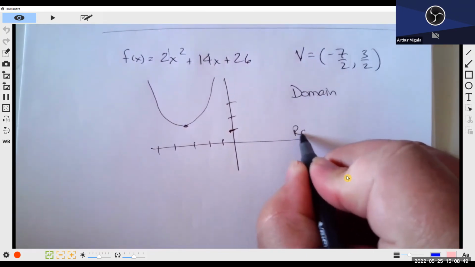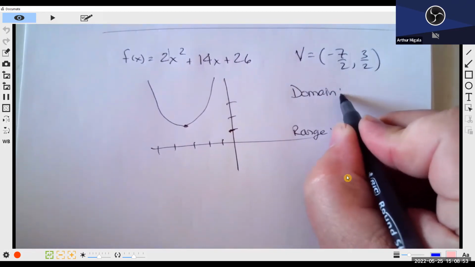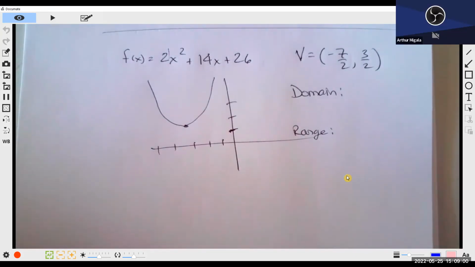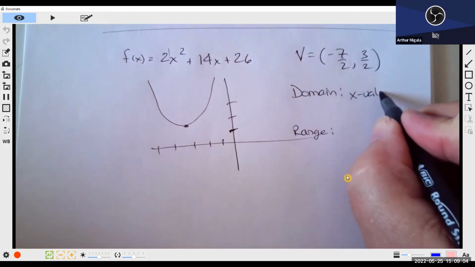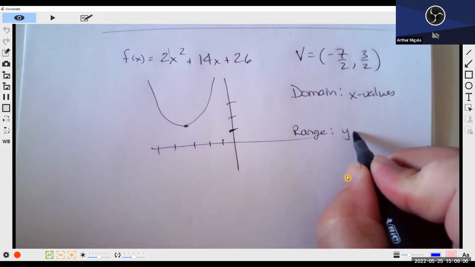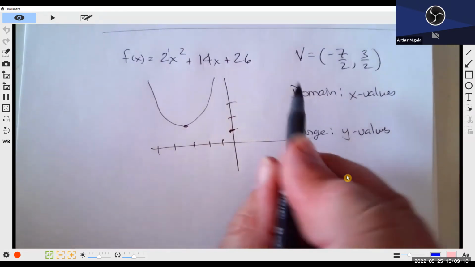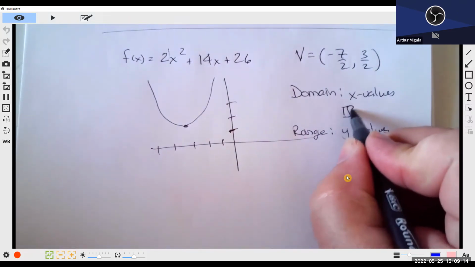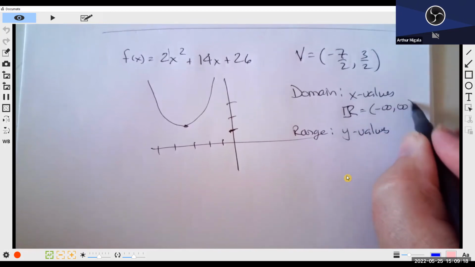So domain and range. What's the difference? That one handles the X and the other one is the Y. Which one's which? The domain is X and the range is Y. Very good. So for quadratic equations, the domain is always from negative infinity to positive infinity.